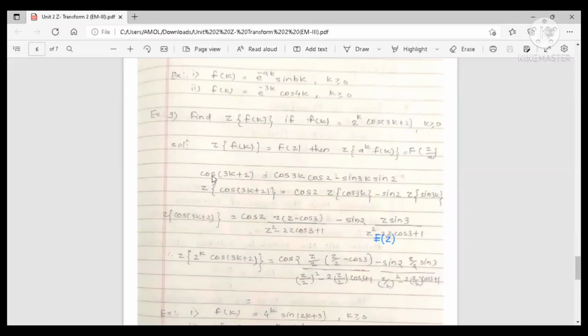So we first simplify the sequence cos of 3k plus 2. The formula for cos of a plus b is cos a cos b minus sin a sin b.